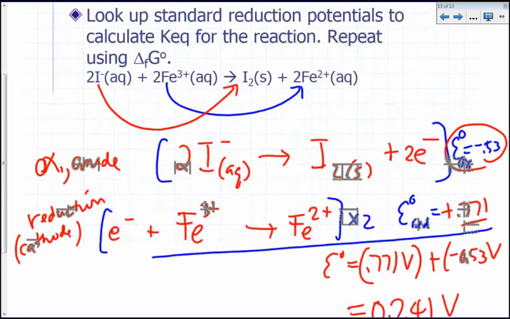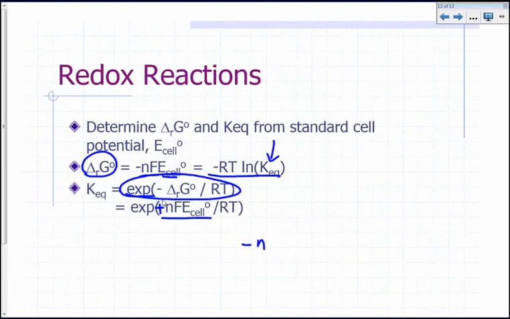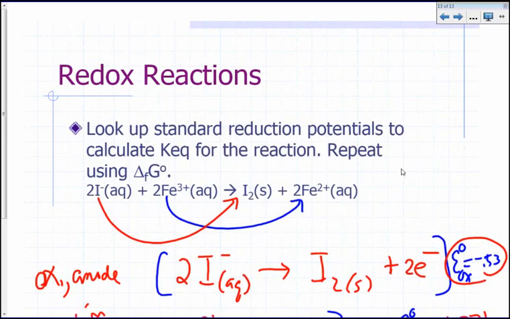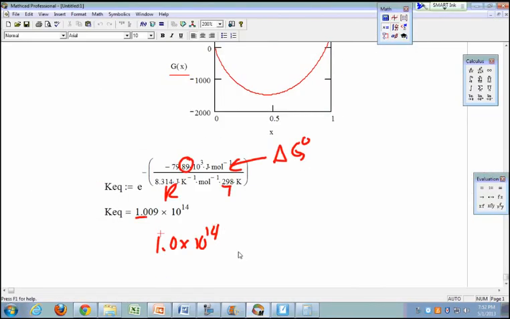What's the formula for KEQ? e to the nF E naught over RT, where n is 2. One mole of this reaction, as written, will involve the transfer of 2 moles of electrons. So let's do that on MathCAD.